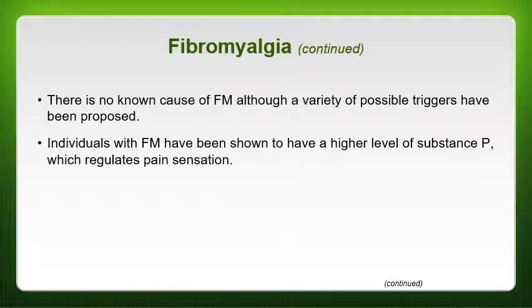Physiologically, individuals with fibromyalgia are known to have a higher level of something called substance P, which is basically a chemical mediator that regulates pain sensation. So it has been shown that individuals with this do have that increased level, which obviously will make them more sensitive to pain.